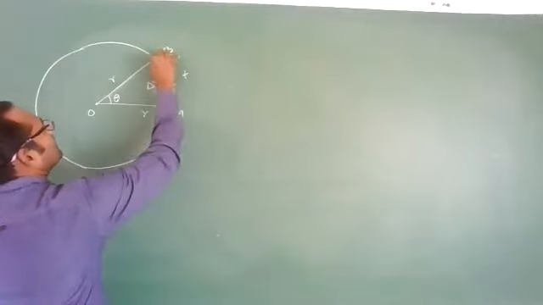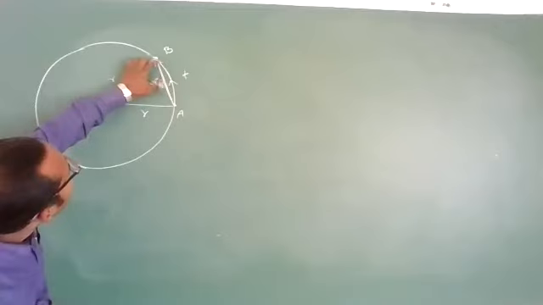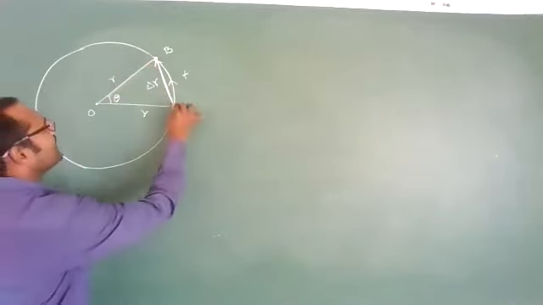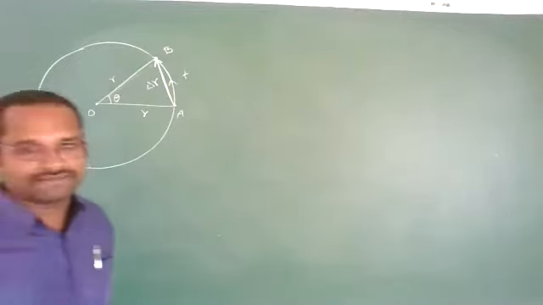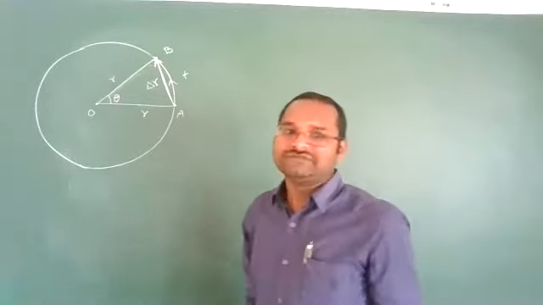Distance is A to B, this curved path is the distance, whereas the straight line is called displacement. Clear? Are you understanding?